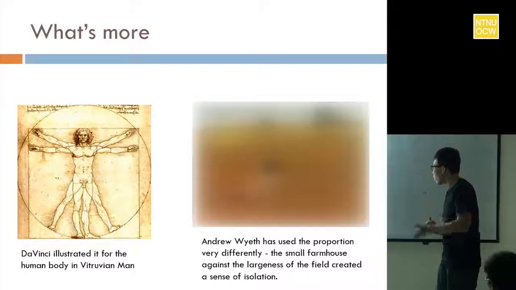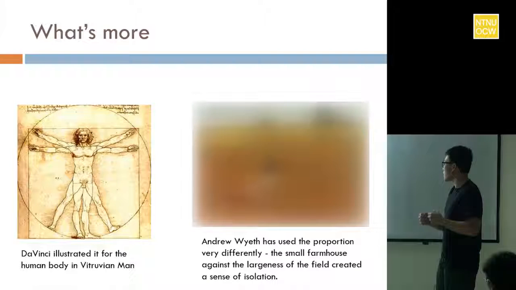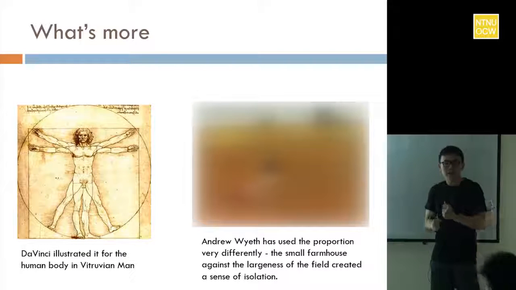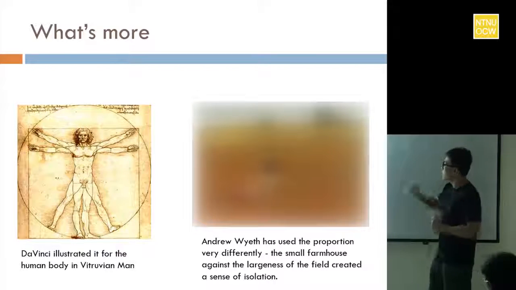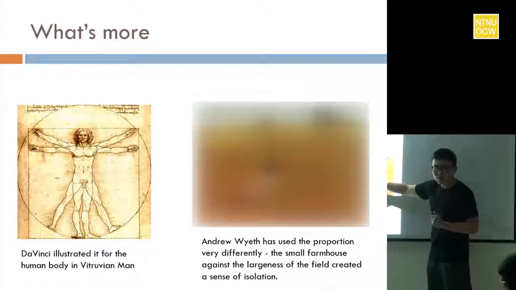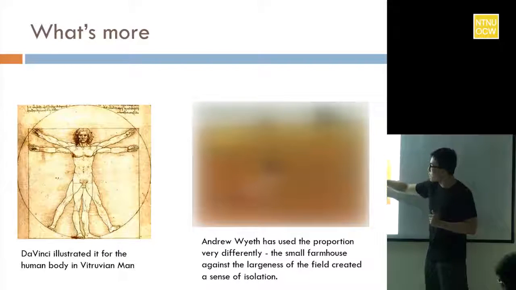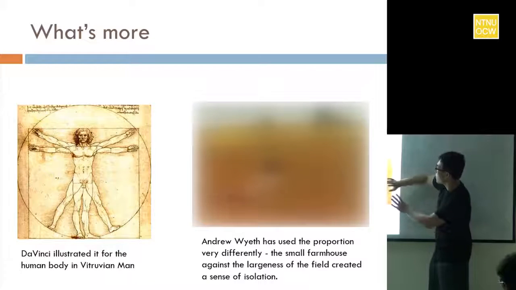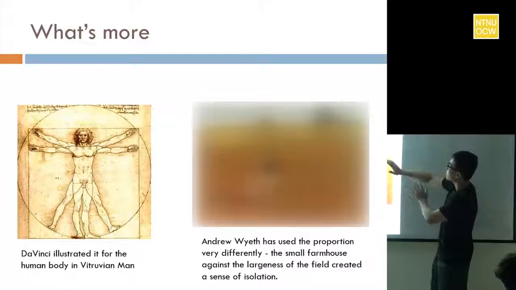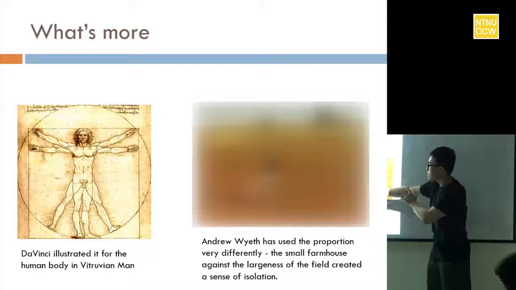The small farmhouse against the largeness of the field creates a sense of isolation. And the artist also emphasized the little woman in this painting and shrank the object in the background, so it shows the isolation between the farmhouse and the woman.